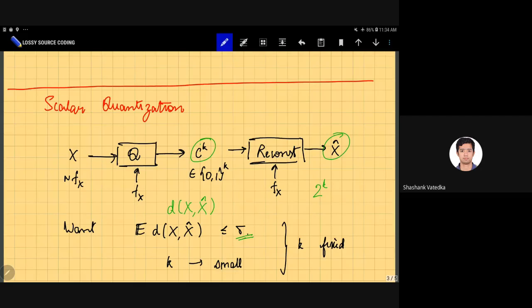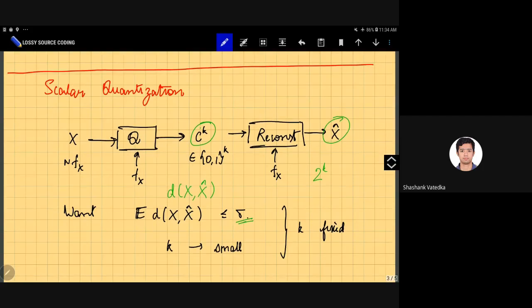Now, when I say open the image using an image viewer, what I see is a reconstruction obtained from CK, right? That is going to be my X hat. So X hat is again going to be a sequence of intensities, which is going to be displayed on my screen. But the X hat is the reconstruction and not CK.